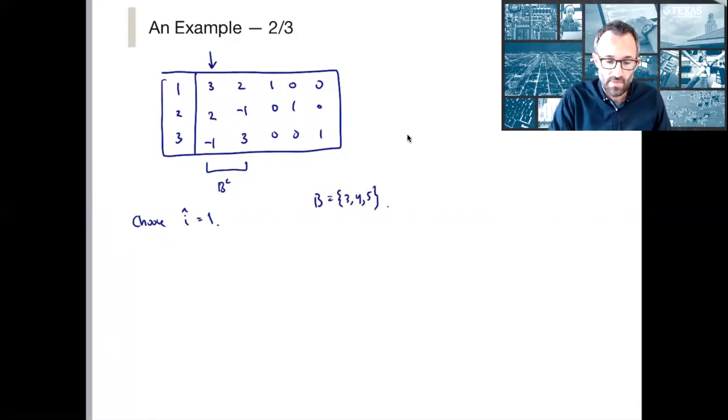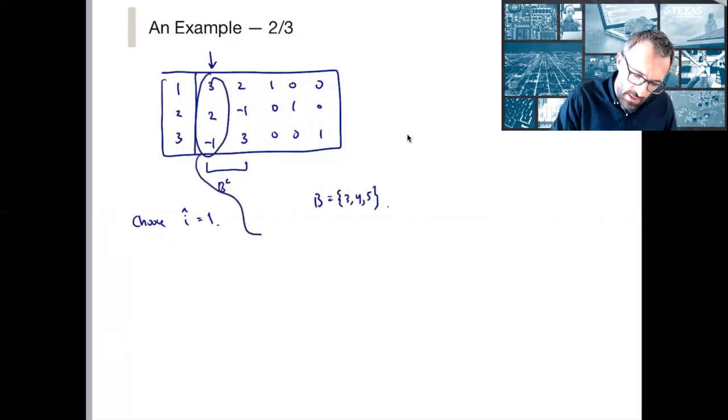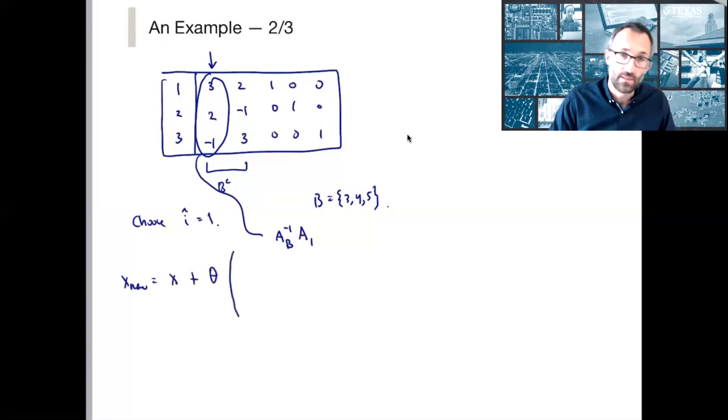Okay, so what does it mean to, remember now, what is this column here? This column is equal to A_B inverse times A_I. That means that x new is equal to my old x plus theta times my d.